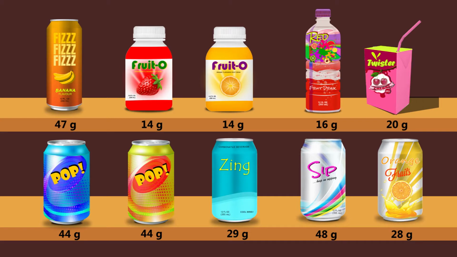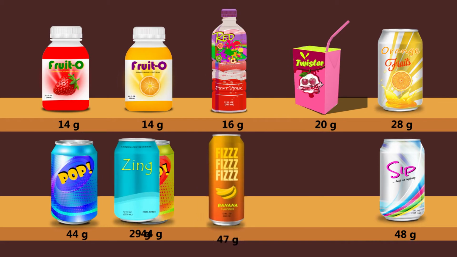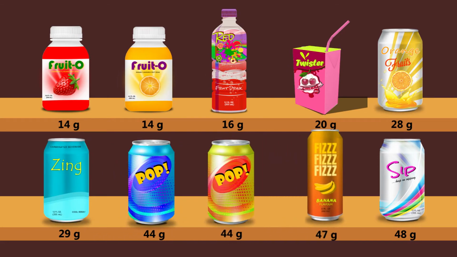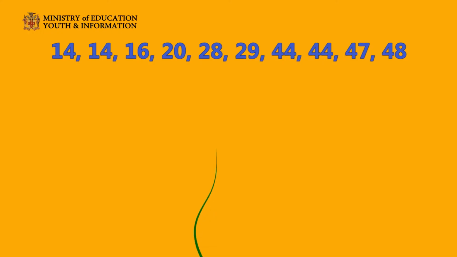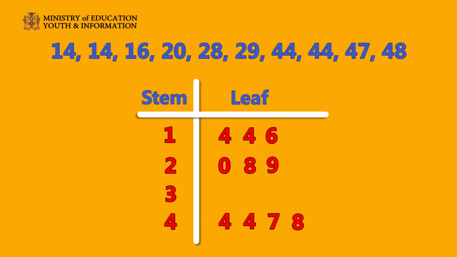And then I placed the drinks in ascending order of grams. After that, I plotted the grams of sugar for each drink in a stem and leaf plot. Now, I could see more clearly the number of drinks and their sugar content.